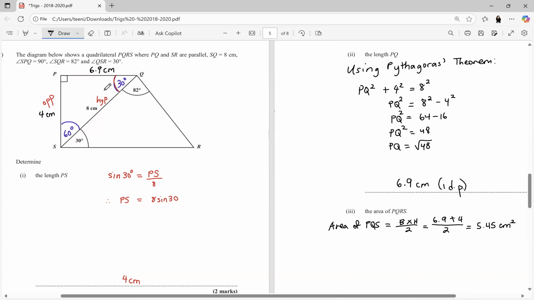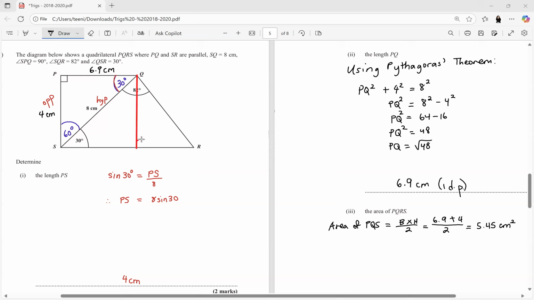Now we need to find the area of QSR, right? So there are 2 things that we can do. First, we can recognize that we can use the height, right? The same height PS would be this height over here.